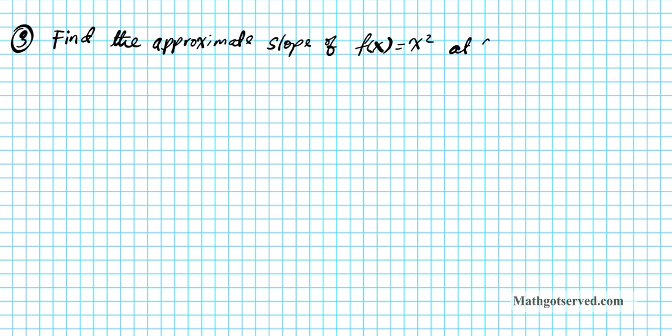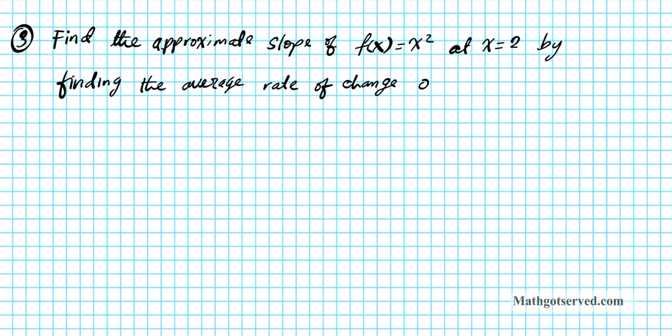The approximate slope at x equals 2 by finding the average rate of change on [1, 3]. In this case we're going to be using the secant line to approximate the slope. And this is the A part.